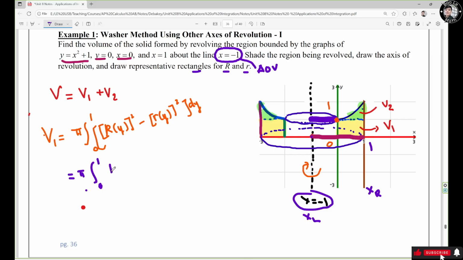So it could be 1 minus negative 1 altogether squared, right? Subtract the little r right here. x right is the y-axis right here, which is x equals 0, right? So it could be 0 minus x left, which is right here, negative 1, right? So subtract negative 1 altogether squared dy, right?